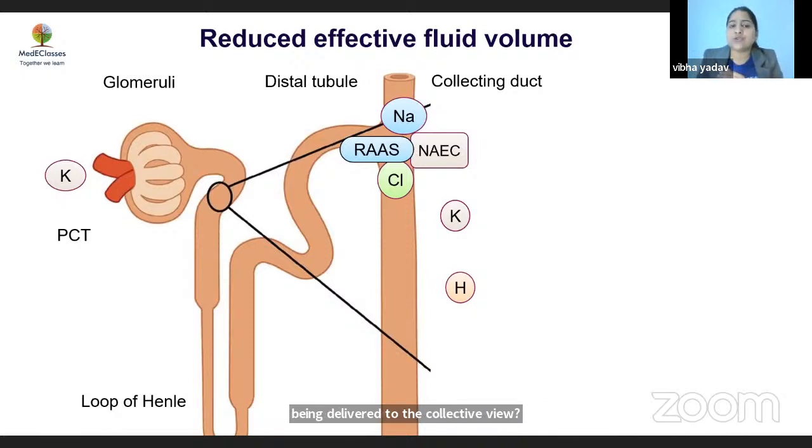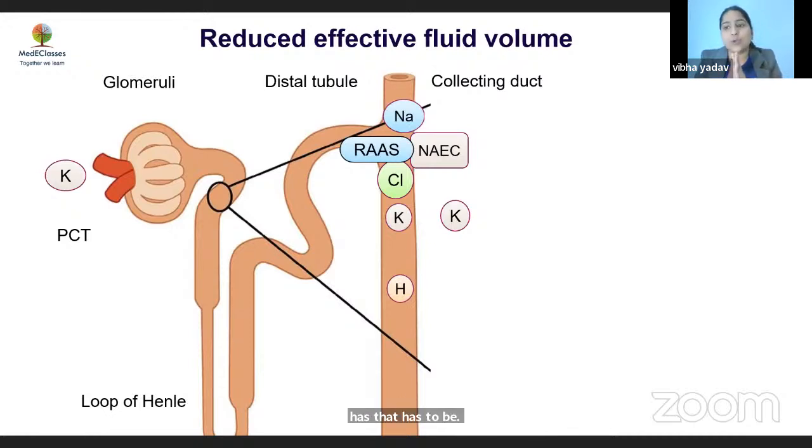In exchange for this low sodium, the potassium and proton will also be secreted low. As sir has already discussed, whenever there is a low delivery of sodium in the collecting tubule, the potassium and proton that have to be secreted there will also be low, and this will cause hyperkalemia in conditions of reduced effective volume.